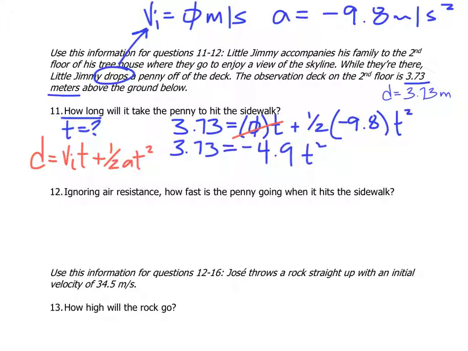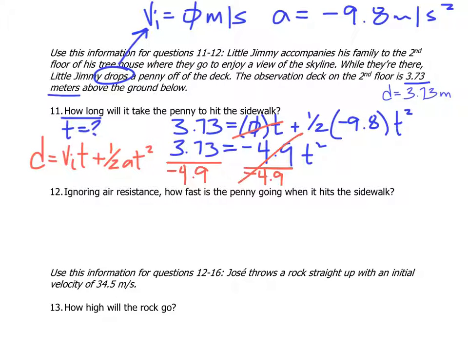Now you might see this and think, well, this is a minus 4.9, so I need to add 4.9. Yes, it's a negative, but the operation between 4.9 and T is multiply. So the opposite of multiply is to divide. So when I divide both sides by a negative 4.9, then these 4.9s cancel.